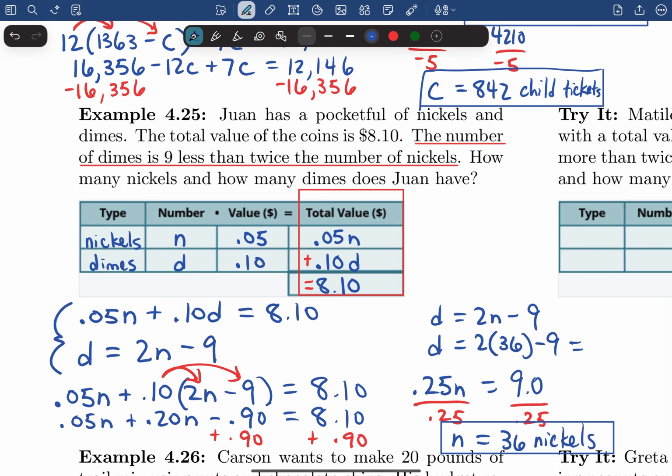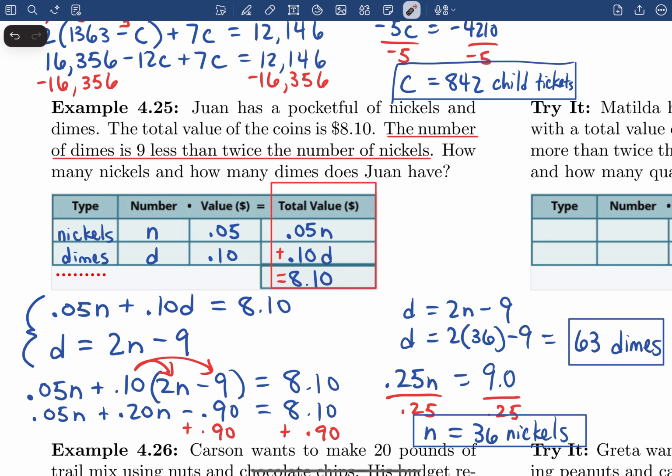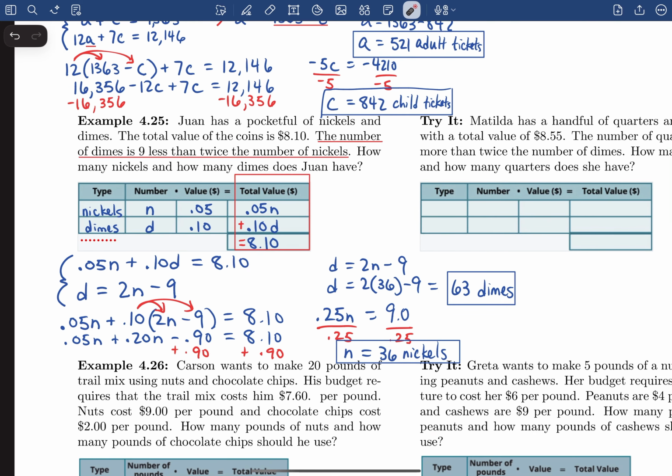And 2 times 36 is 72, and 72 minus 9 is 63. So I have just found that there are 63 dimes. And I have now solved this system of equations for the number of nickels and dimes that Juan has in his pocket full of nickels and dimes.